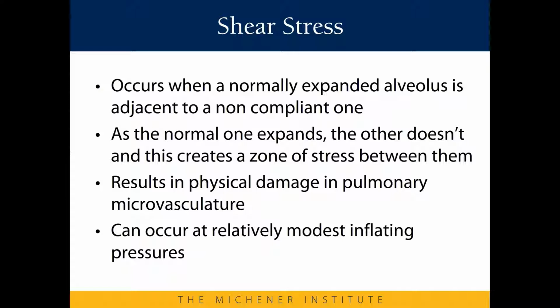And as a result, the one with normal compliance is going to expand normally, and the one without normal compliance is not. And as a result, you're going to get this stress that occurs between the two, kind of pulling them apart, and it can cause this stress and cause the microvascular injury at the pulmonary level.